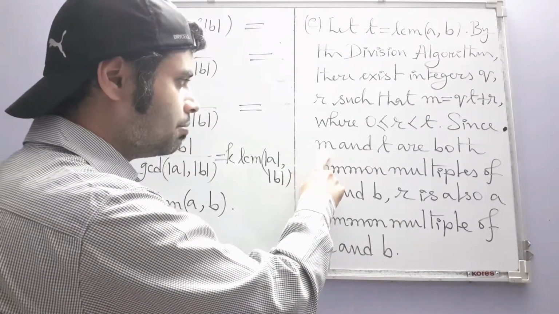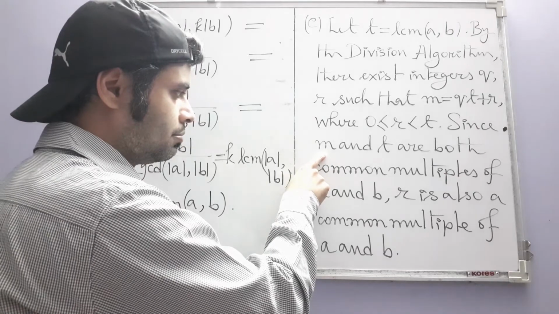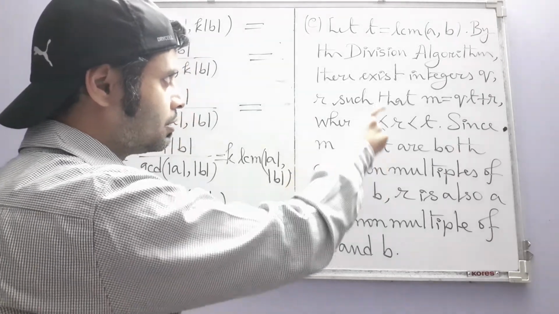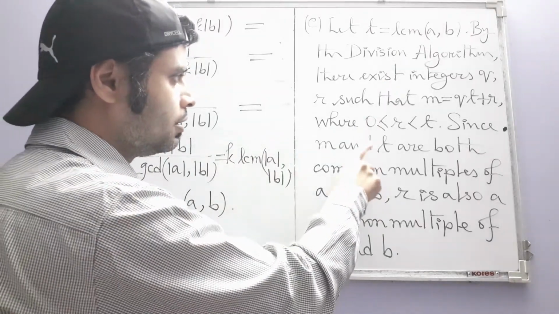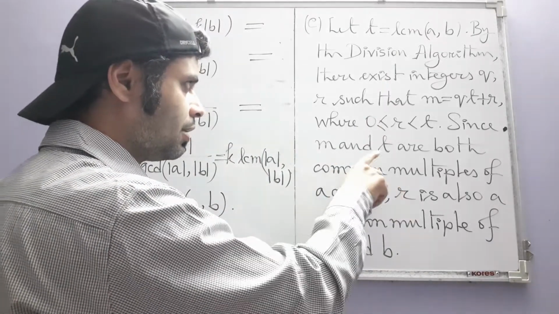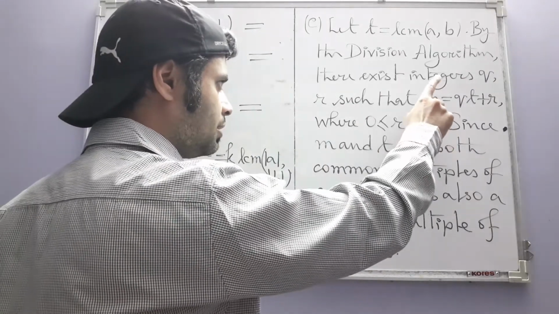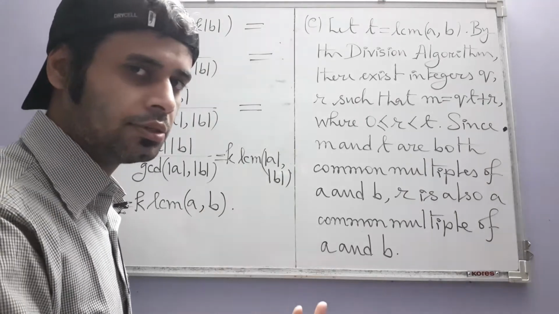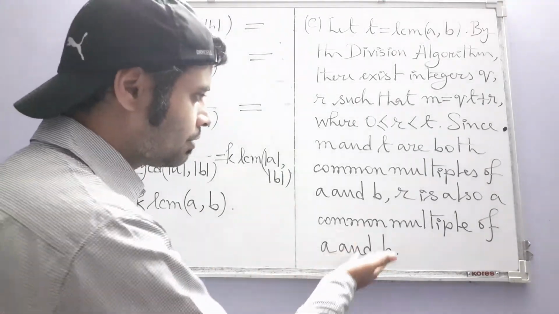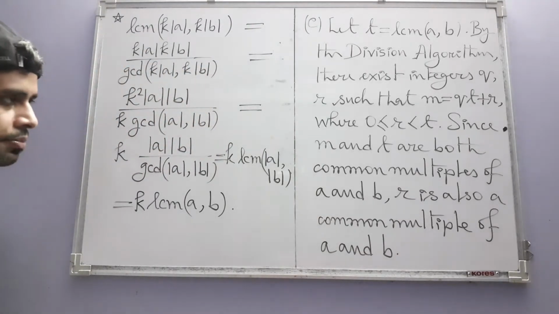It just simply means that both A and B divide M. Okay, and T being the least common multiple of A and B is also a common multiple. That means A and B also both divide T. So both of them are dividing M as well as T, so they will both divide M minus Qt, that means R. So that way R also becomes a common multiple of A and B.